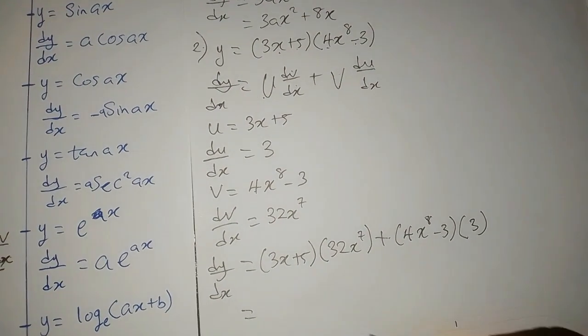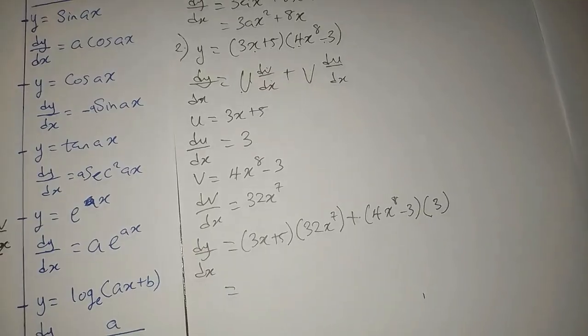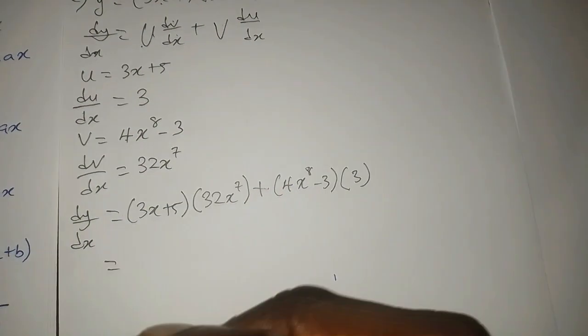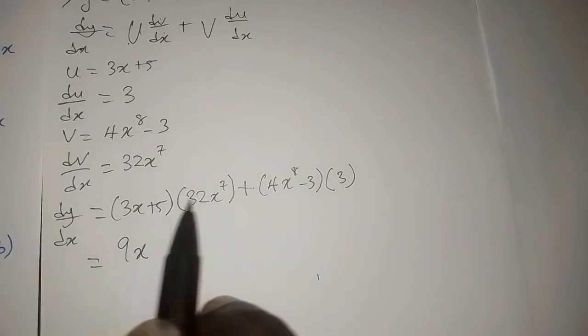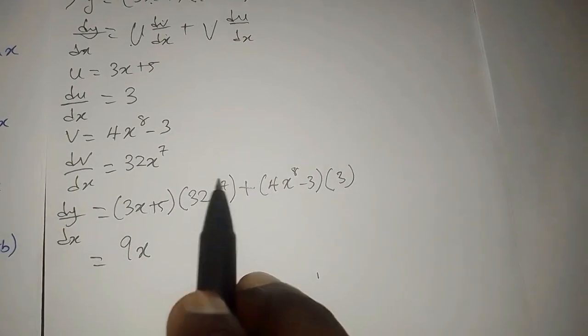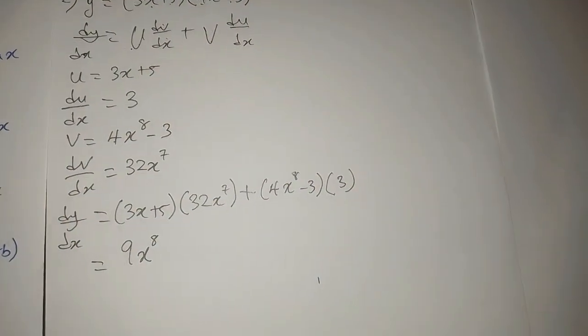So finishing this, 32 times 3 is 96, 96x. I have 1x here, I have 7 here. Take 1 with 7, that's 8. We've done that one in other indices. You can search the previous video and watch.